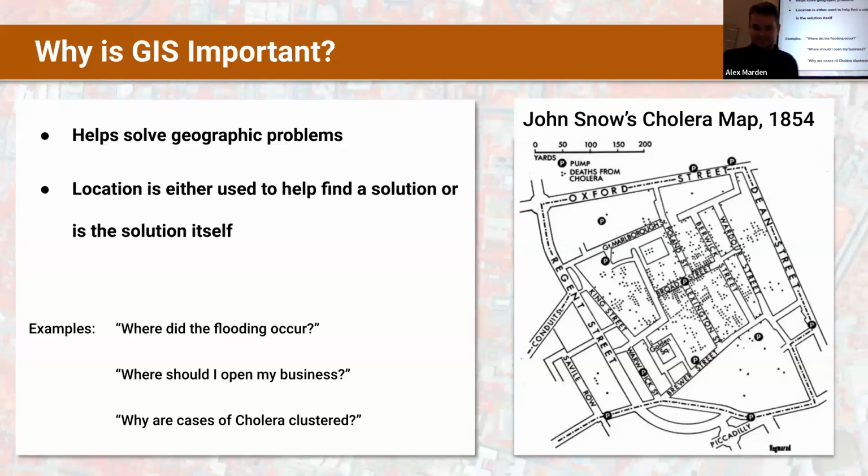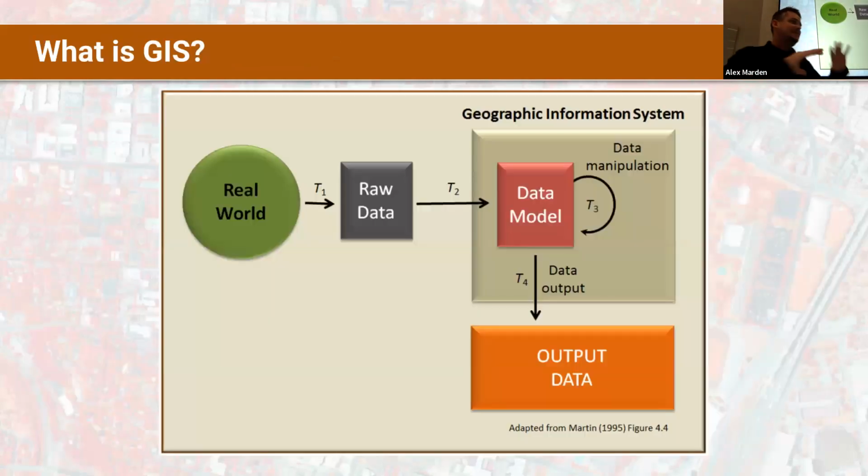So before any software or computers were introduced, people were putting mapping layers together to look at spatial phenomena and how they're related through space to answer important questions.